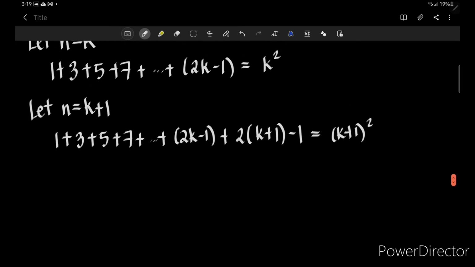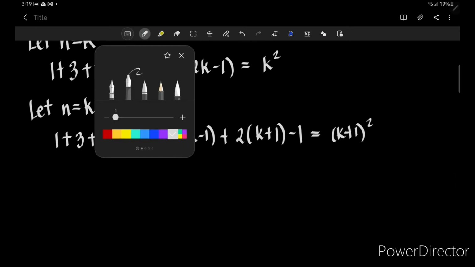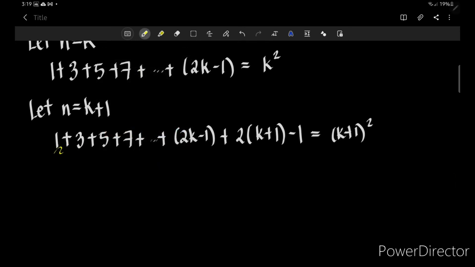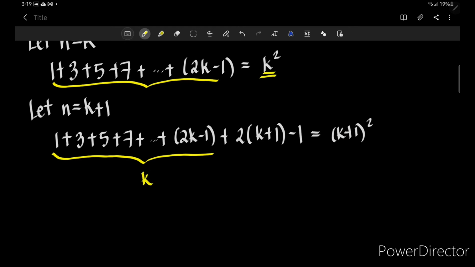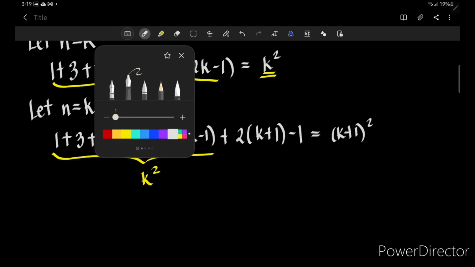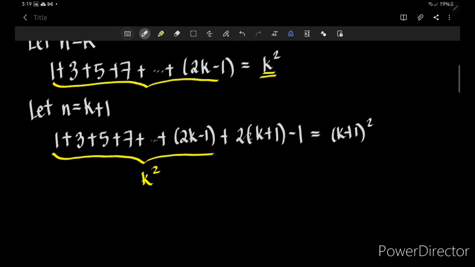Sa left side, kung mapapansin po natin, to evaluate this, okay, itong part na to, ay ito. At siya ay equal sa k squared. So, pwede natin itong palitan as k squared. Okay. Next, we have additional of 2 times k plus 1 minus 1.